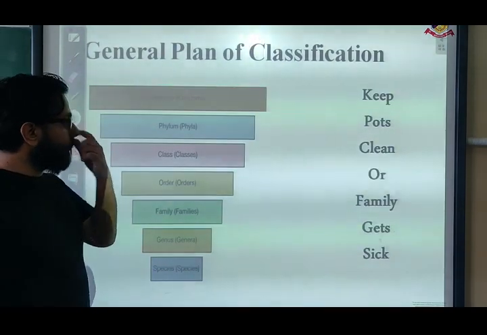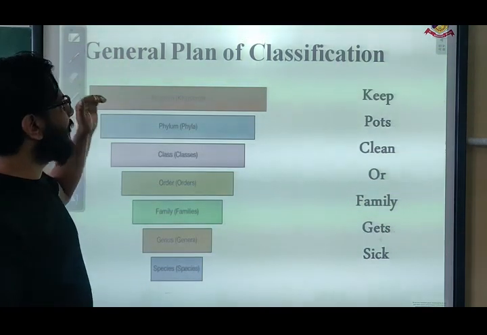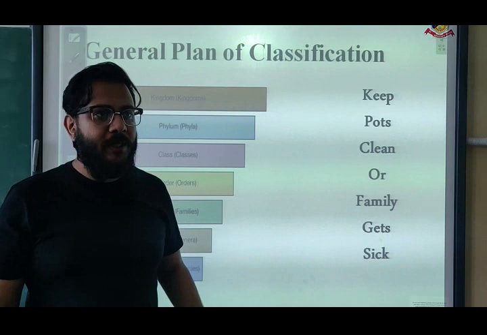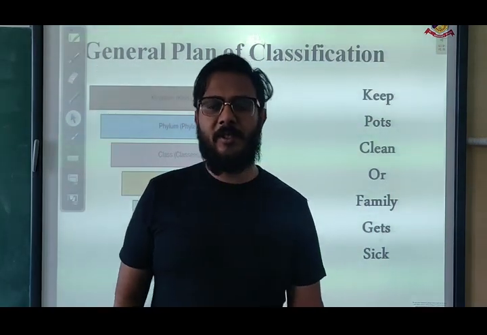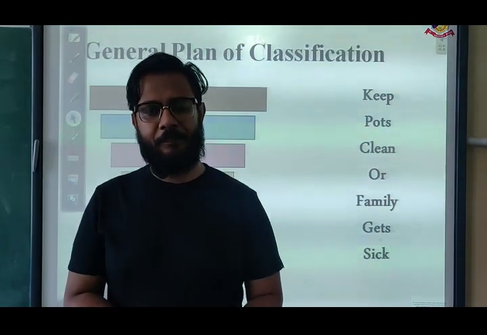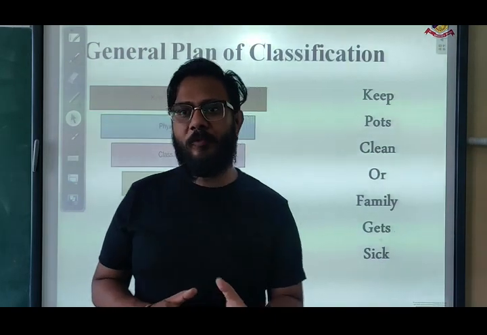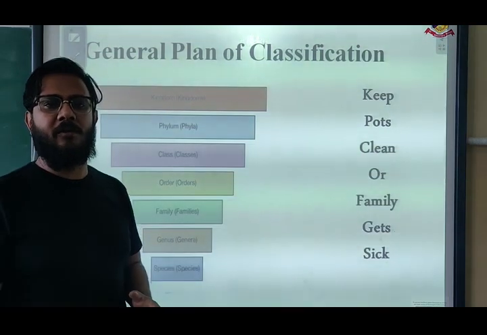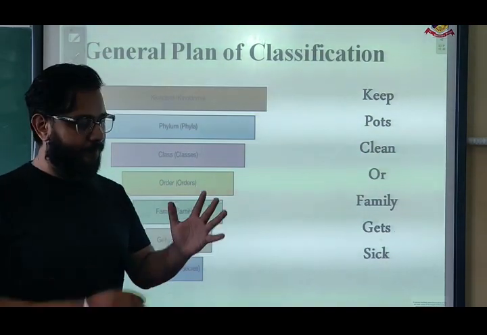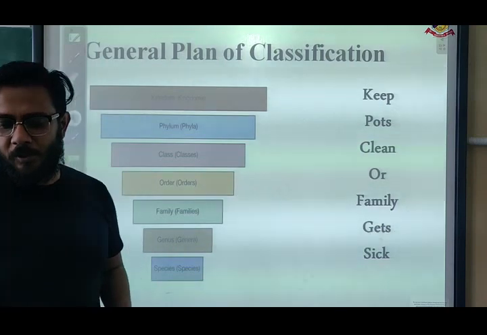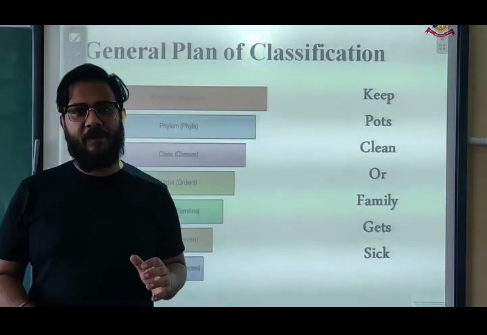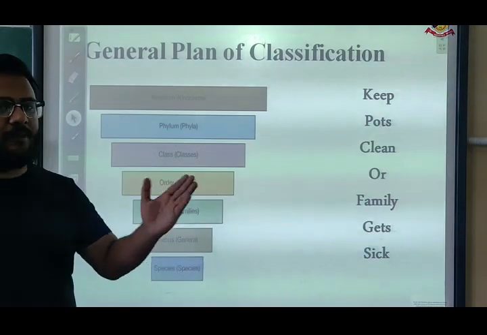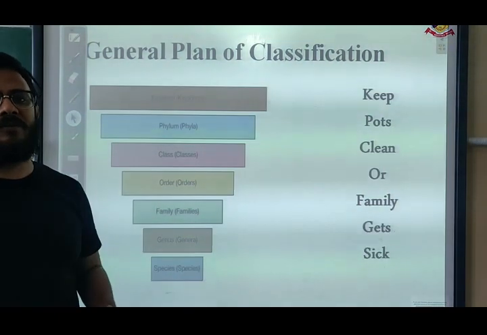Now we move on to general plan of classification. So how do we classify each and every organism? Okay, we classify them firstly based on the kingdom, which kingdom they fall into. There are 5 kingdoms, so we choose from one of the 5 kingdoms.